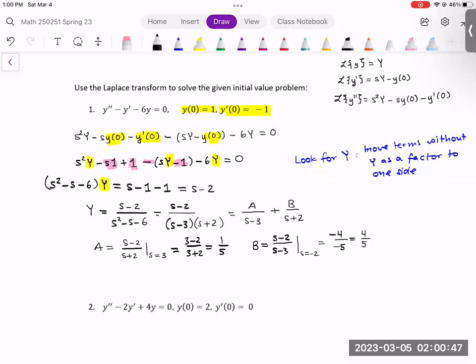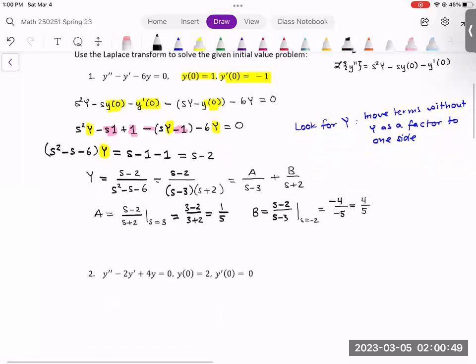All right, so we are almost done with this. We have that capital Y, this Laplace transform, is equal to 1/5 times 1 over s minus 3 plus 4/5 times 1 over s minus -2. And so we're going to take the inverse Laplace transform of both sides.